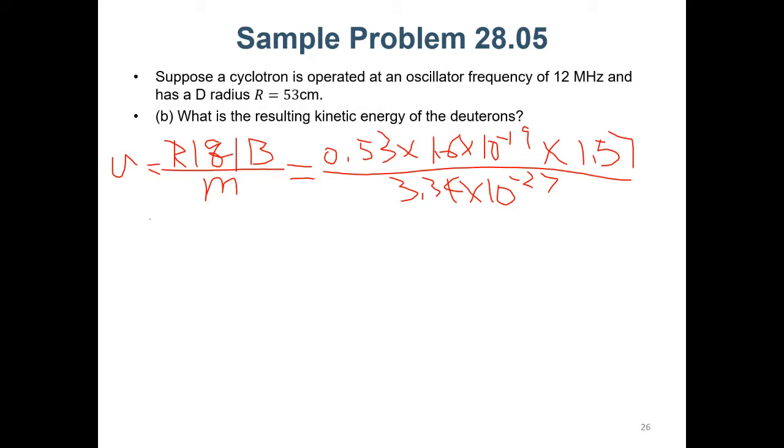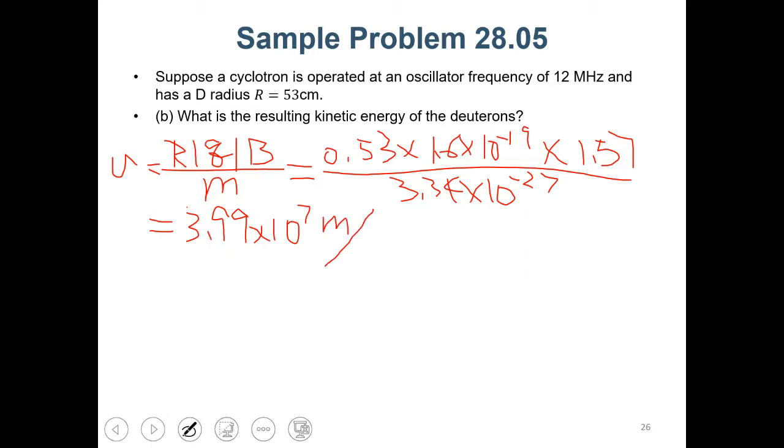So it is something like 3.99 times 10 to the 7, which is really fast, which is something like 13% of the speed of light.